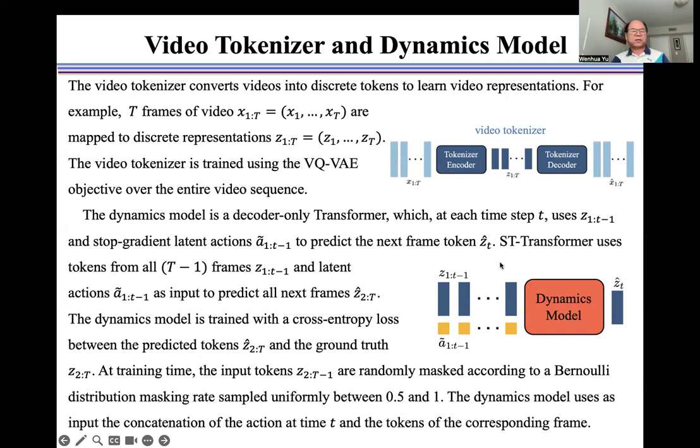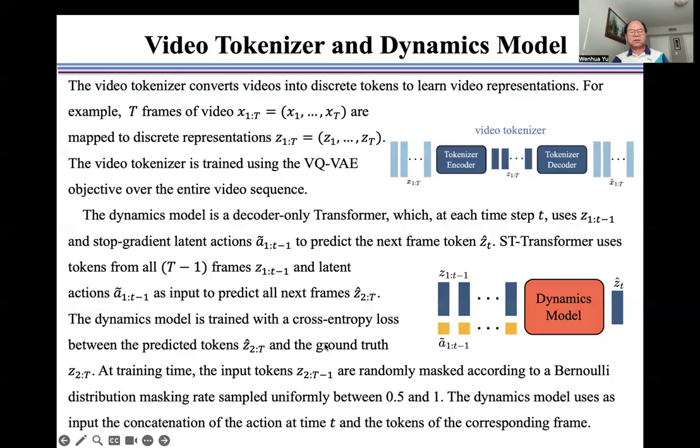The transformer uses tokens from all T-1 frames z1 to zT-1 and the latent actions a1 to aT-1 tilde as input to produce all next frames z2 to zT caret.